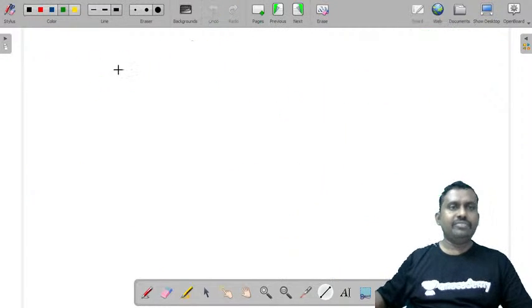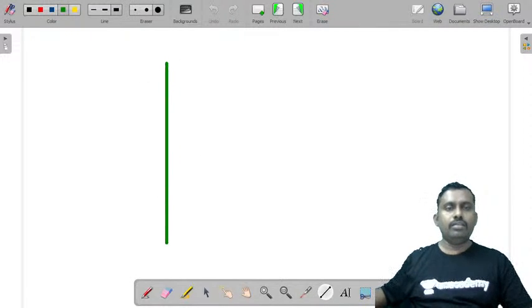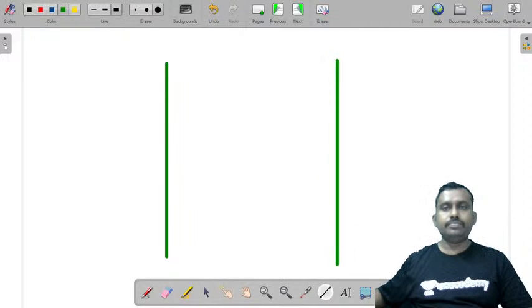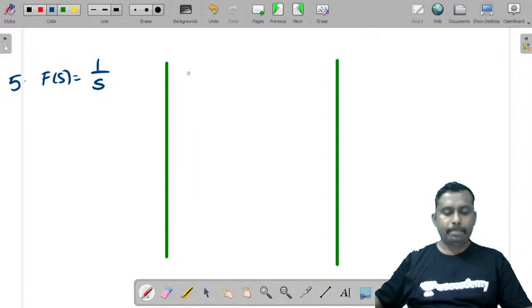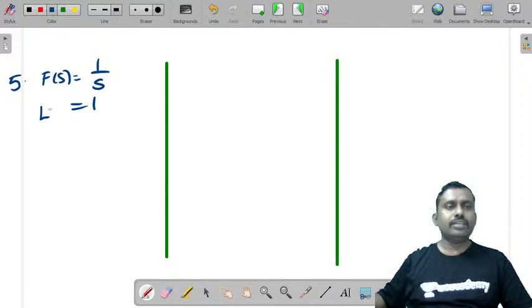Now if you look at the fifth one, the fifth one would be if the transfer function F of s is equal to 1 by s. If it is 1 by s, its Laplace inverse will be 1. Laplace inverse of F of s will be 1.